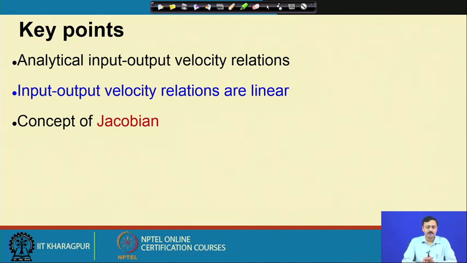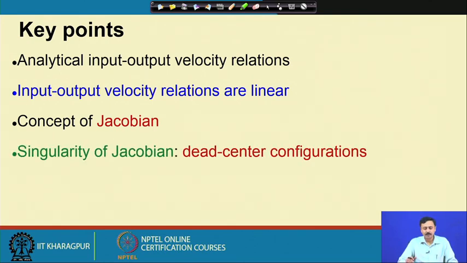We have found the expression of Jacobian following the analytical approach, and we have compared it with the Jacobian obtained from the method of ICs or instantaneous centers of rotation. And we have also discussed the singularity of the Jacobian and the corresponding dead center configurations.